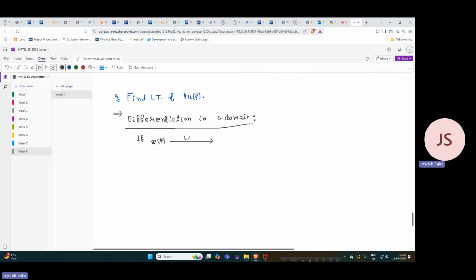is a time domain signal and its Laplace transform is X(s), then t x(t) has the Laplace transform minus d/ds of X(s). Here it is u of t.